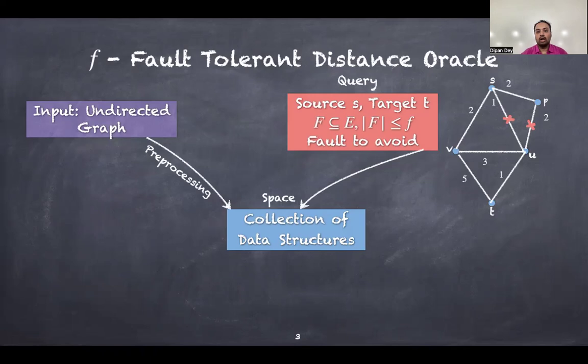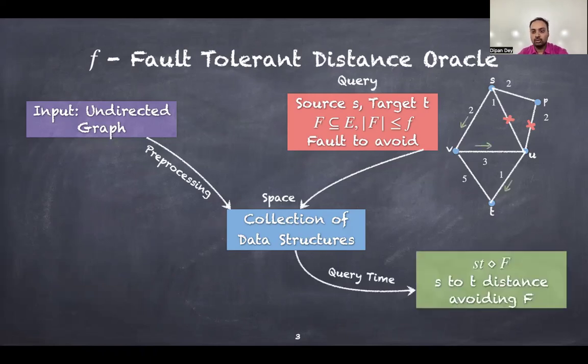You give a particular query to the oracle, and it takes some query time and answers your distance query: going from S to T after avoiding the fault set F will take this much distance. Also our oracle is path reporting, so it will report the path as well.